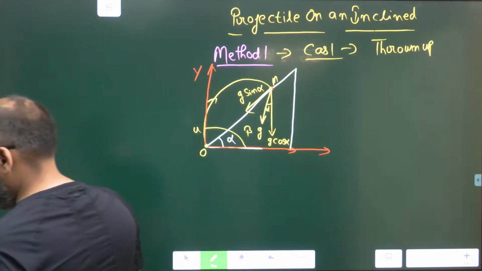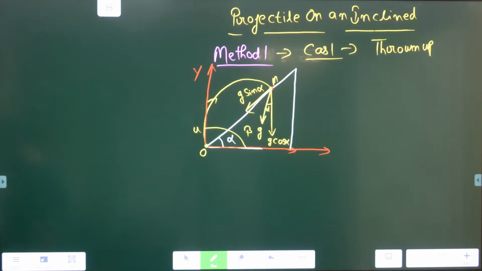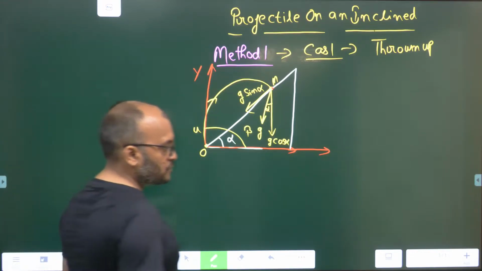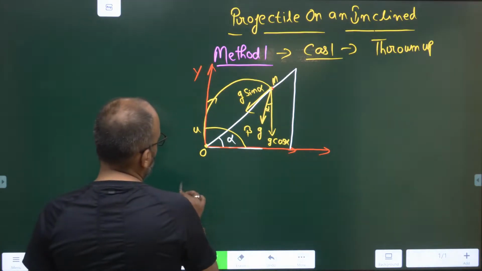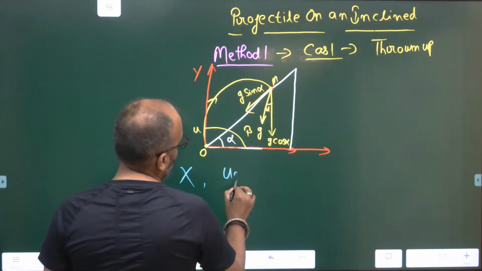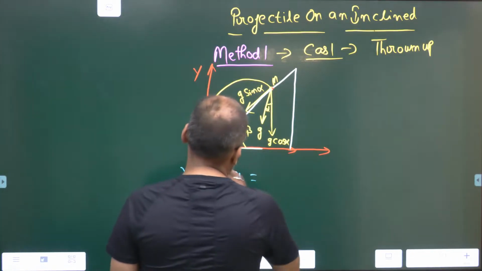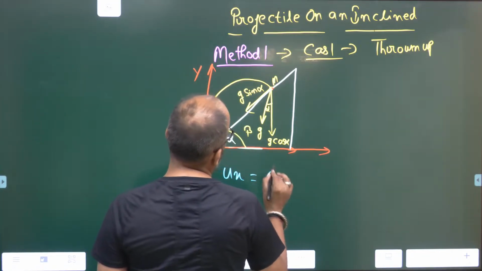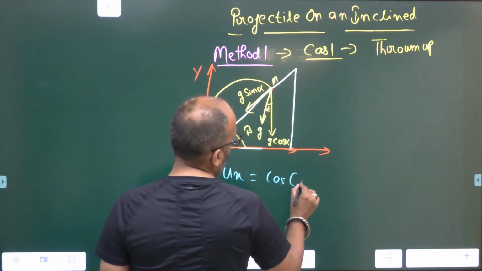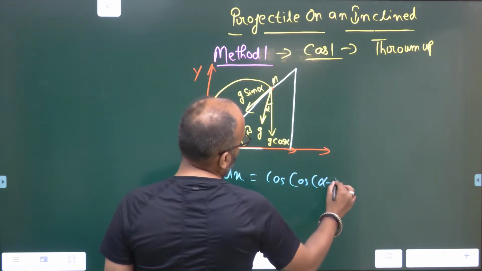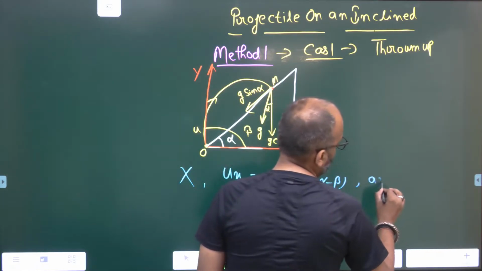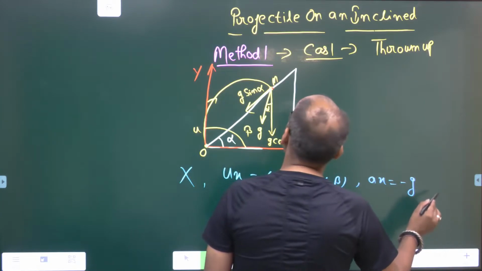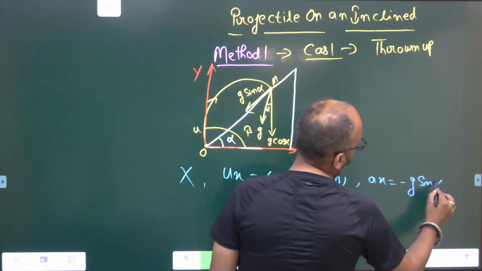Now, if I take the x direction, velocity along x direction will be u cos alpha minus beta, and what will be the acceleration along x-axis? Minus g sin alpha.